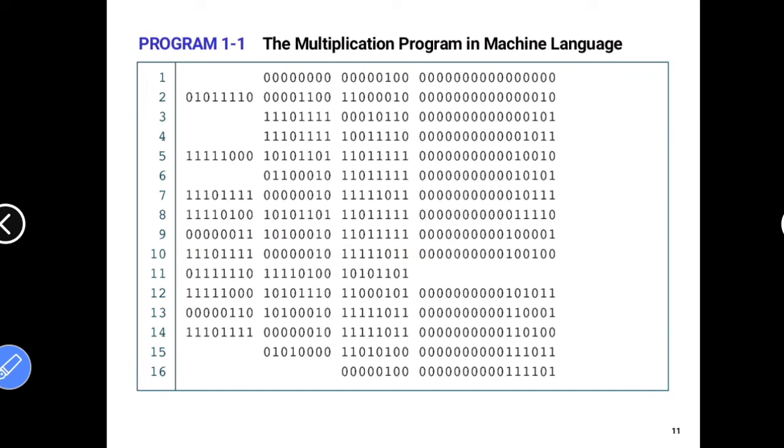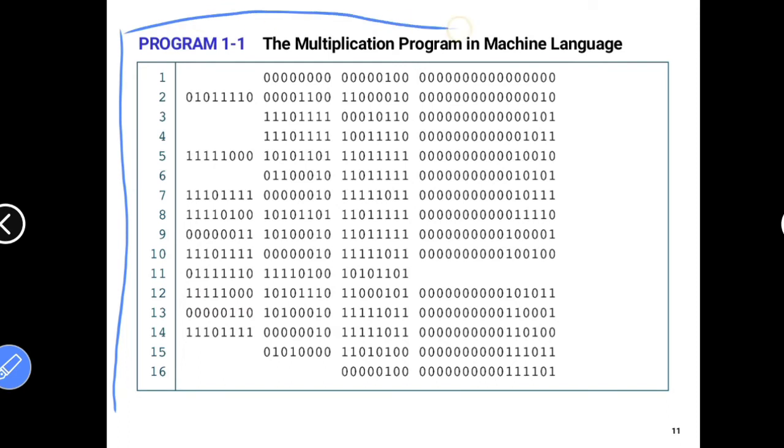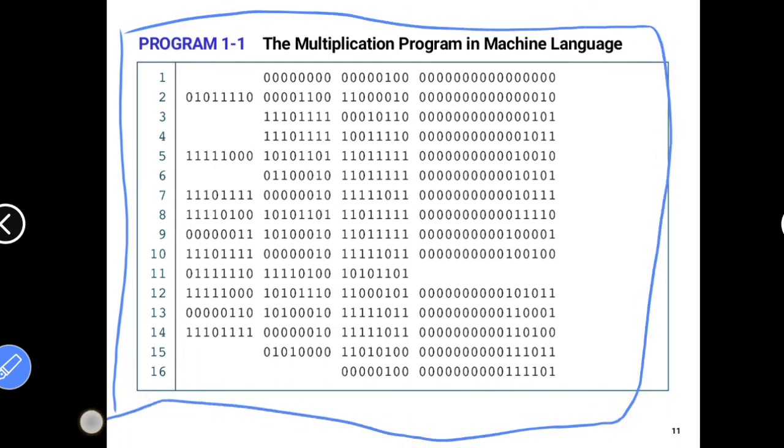This is the basic example of machine level language. We already discussed in a previous video that the computer does not know anything except 1010. So this is the basic structure of how the computer knows the low level language, that is, machine level language.